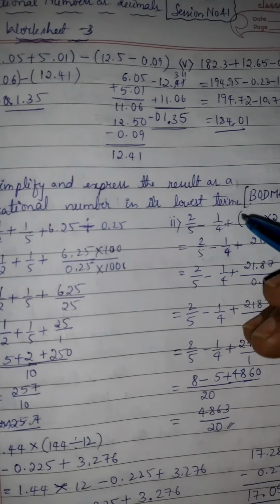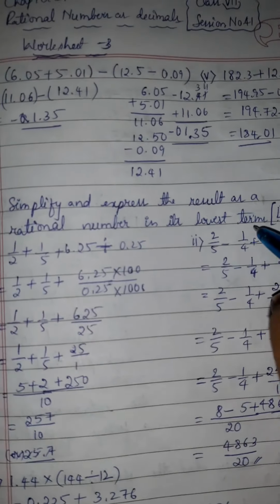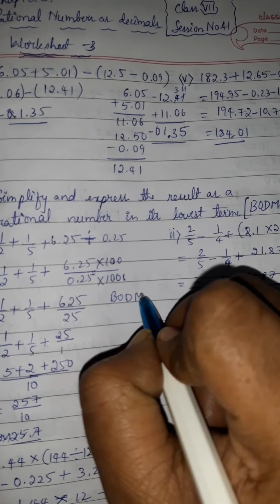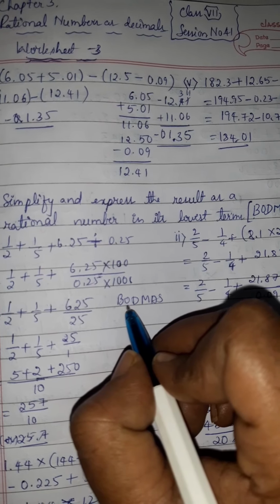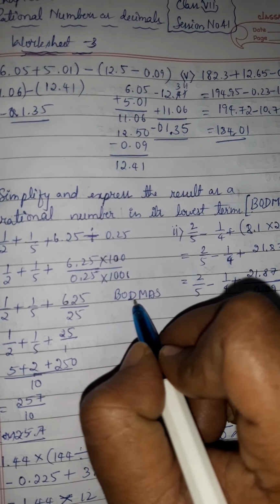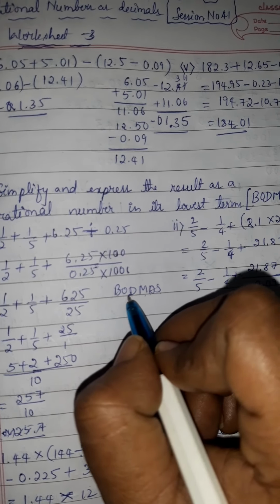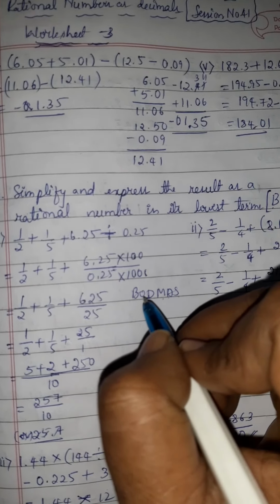We don't have subtraction or multiplication. According to the BODMAS rule, B means brackets, O means of, D means division, then multiplication, addition and subtraction. In this way only we have to solve the problems, children, by using the BODMAS rule.